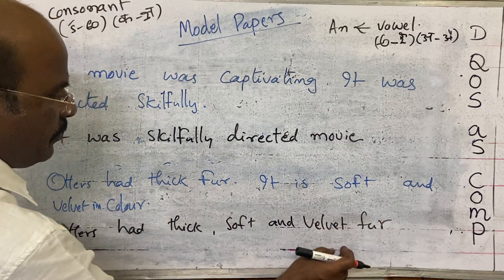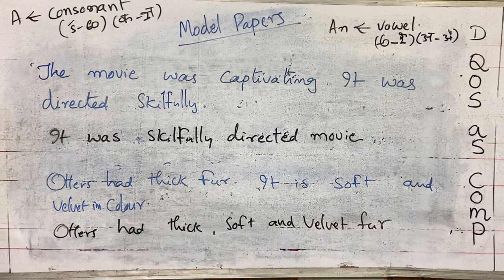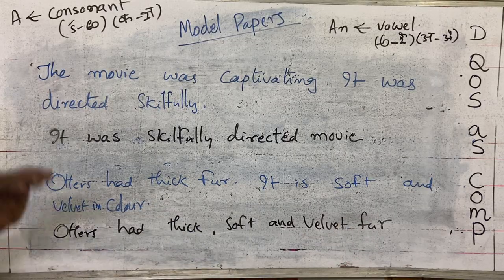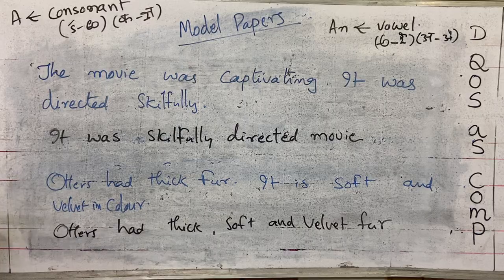How is the fur? Thick, soft, and velvet. Yeah. So otters had thick, soft, velvet fur. Now, two more we can verify. After that, we are almost coming to the end.